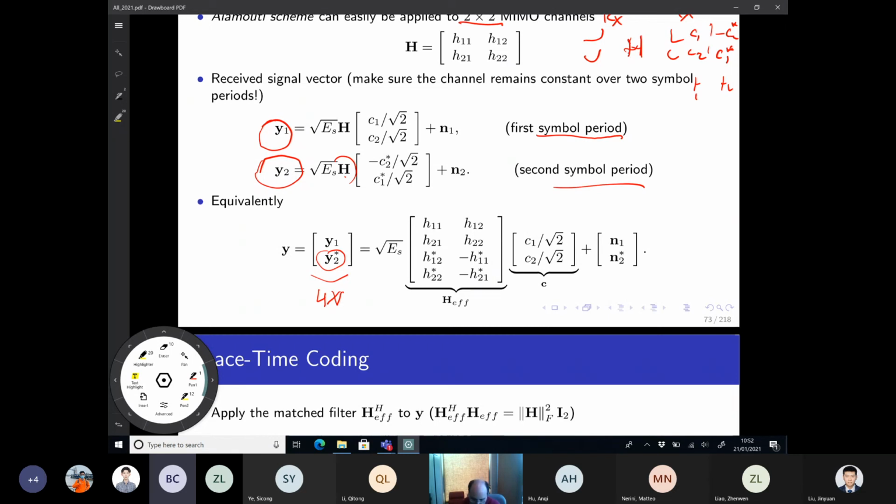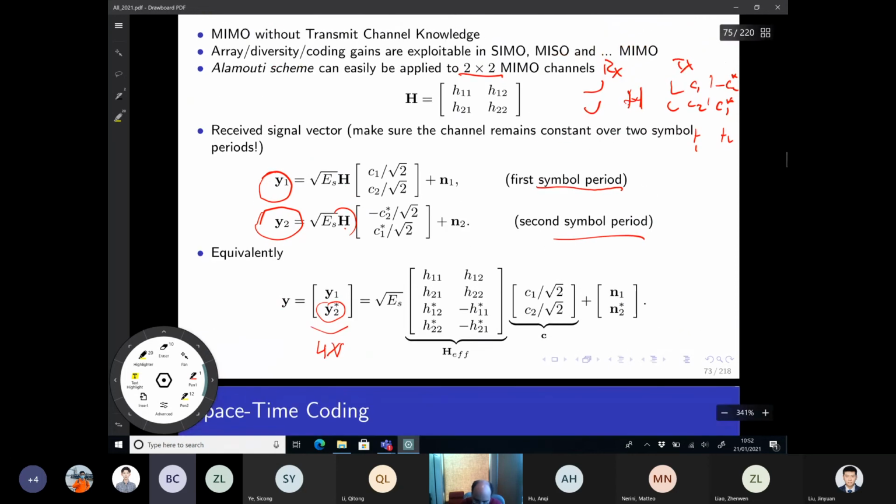Now, because I have taken the conjugate, I'm going to take the conjugate of that matrix here. So you are going to end up with a matrix similar to what we had before. What we had before was actually this line. If you had only one receive antenna, you have this and this, right? The channels related to the first receive antenna, actually those two.